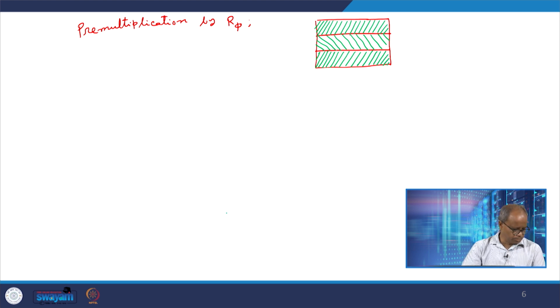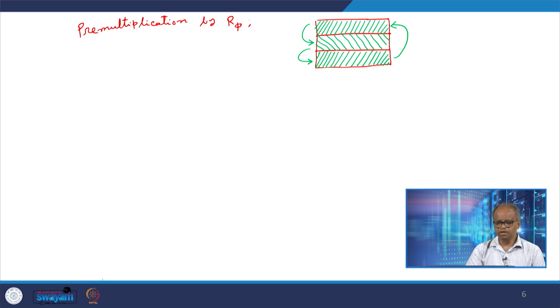So in the pre multiplication, basically the third row goes to the first position, and then the first row comes to the second position, and the second row comes to the third position, right?